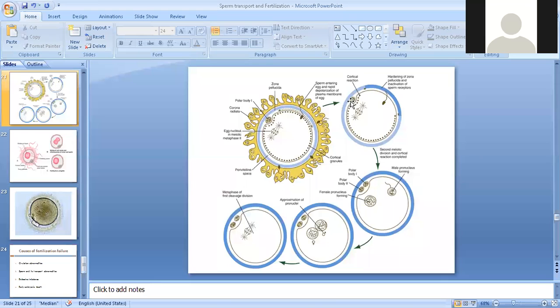Earlier there was just one polar body, and once the sperm head gains entry and fuses with the zona pellucida, the second polar body will also be released. This is the male pronucleus and this is the female pronucleus. They come close, the nuclear envelopes disperse or disappear, and the chromosomes combine together to form the zygote.